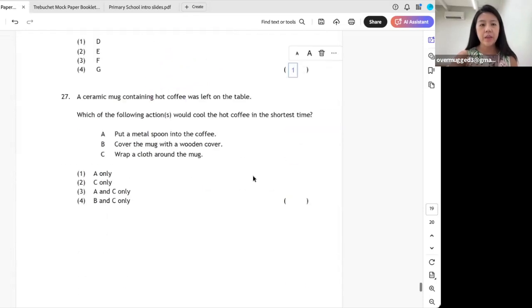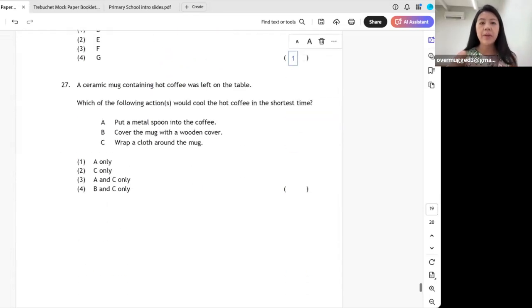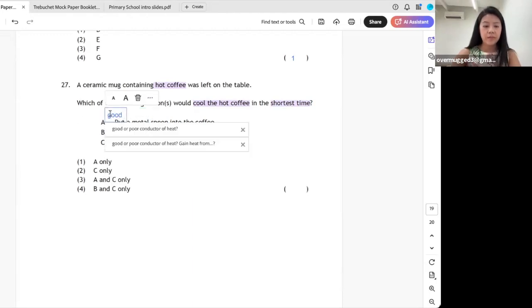All right. Question 27, a ceramic mug containing hot coffee was left on the table. Which of the following action or actions will cool the coffee in the shortest time? How would it help to decrease the temperature the fastest? All right. So when you put a metal spoon into the coffee, metal spoons are a good conductor of heat.